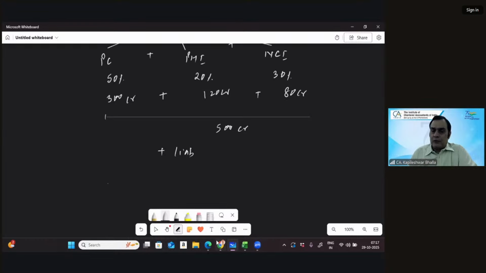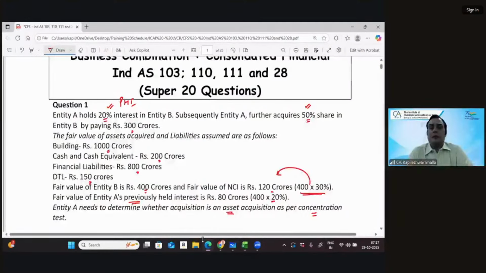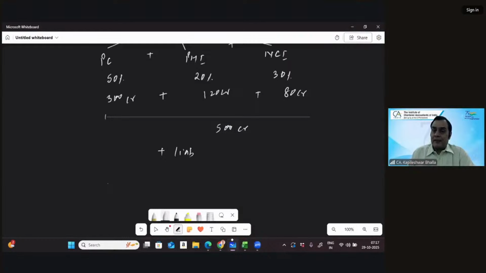Let's go back to the question and see the amount paid as far as the liabilities are concerned. We're given that the financial liabilities are to the extent of 800 crores. So we add the liabilities of 800 crores, and once you add this up, you get 1300 crores.